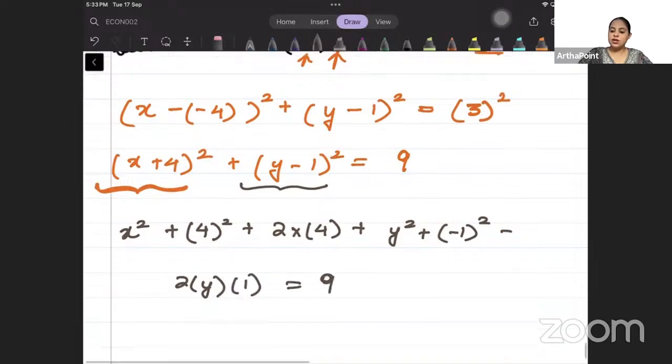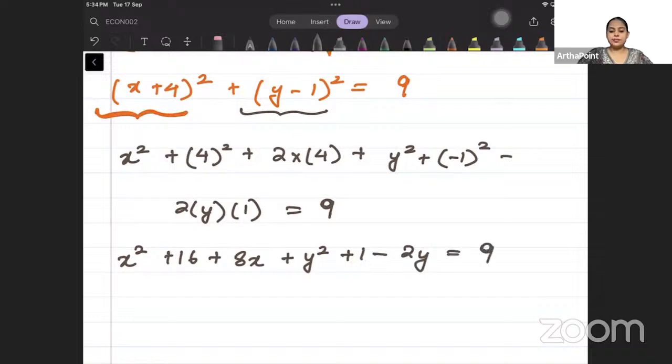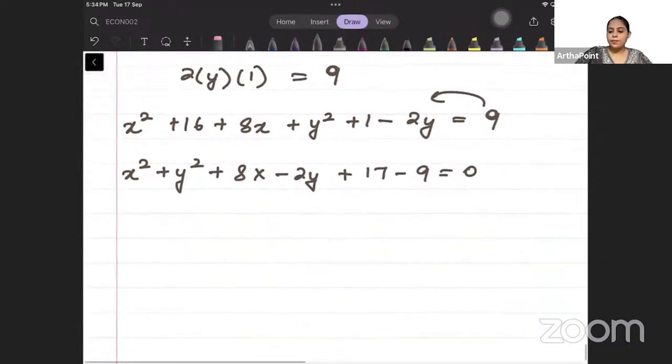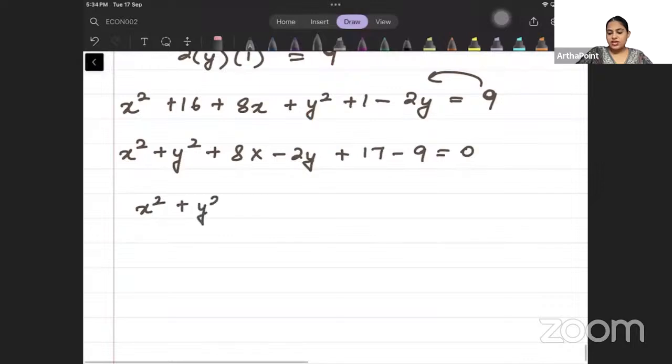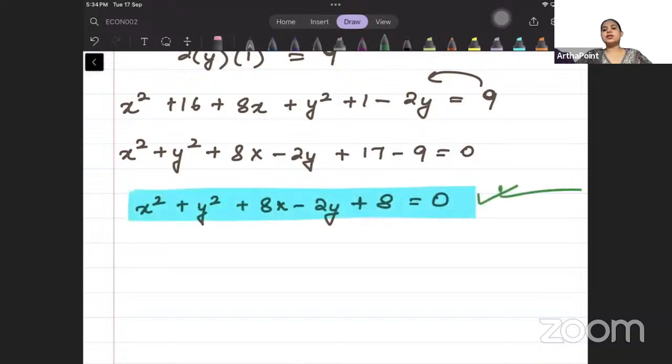So this will be x square plus 16 plus 8x plus y square plus 1 minus 2y equals 9. Taking 9 to this side, x square plus y square plus 8x minus 2y plus 17 minus 9 equals 0, so x square plus y square plus 8x minus 2y plus 8 equals 0. This will be the equation of the circle.